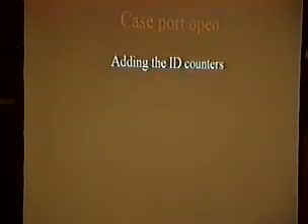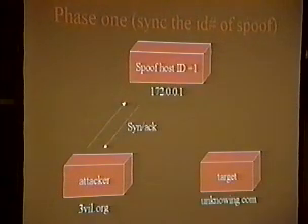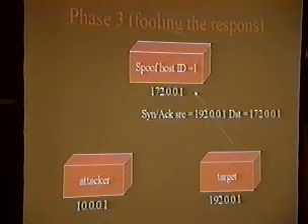So doing the same thing, adding the ID counters to this, is basically the same setup. We send a SYN, and he sends a SYN ACK packet, and then his ID counter equals 1. Then we spoof our packets, and the target sends the response to the spoofed packet to the decoy host.